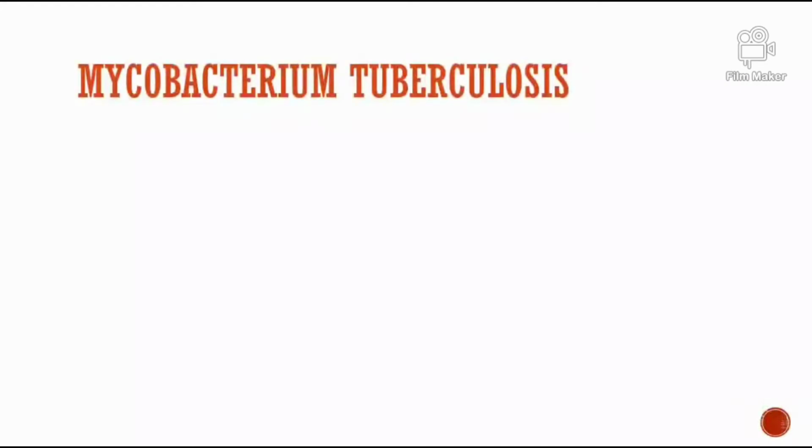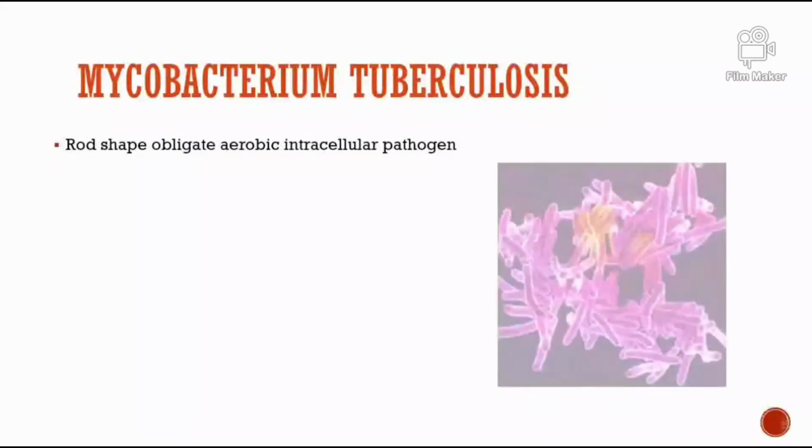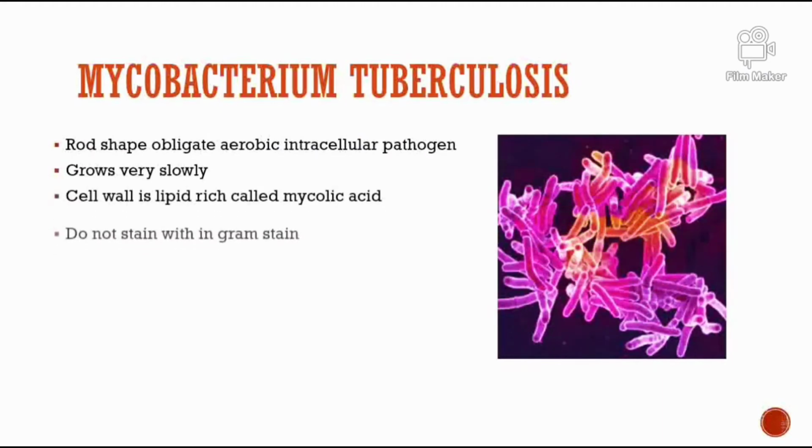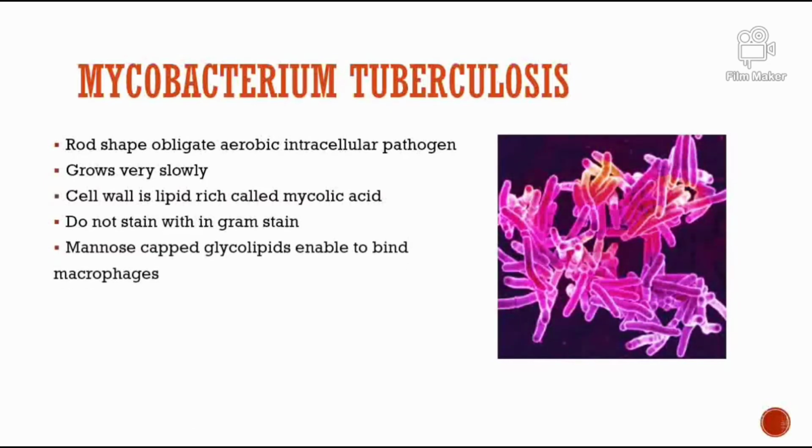Mycobacterium tuberculosis is a rod-shaped, obligate aerobic, intracellular pathogen. It grows very slowly. The cell wall is lipid rich, called mycolic acid, and does not stain with Gram stain. Its glycolipids enable it to bind macrophages.